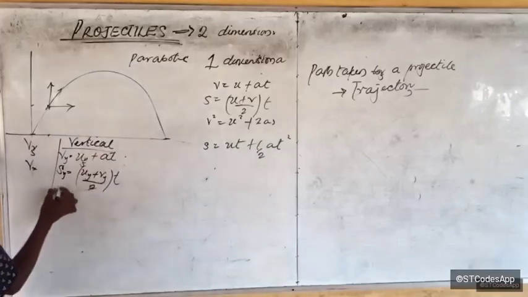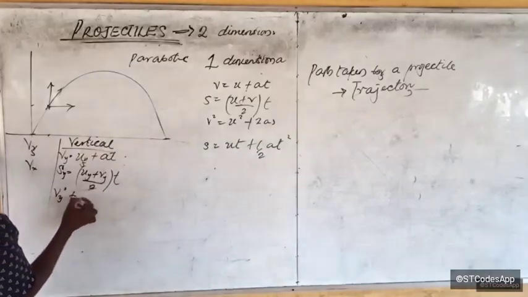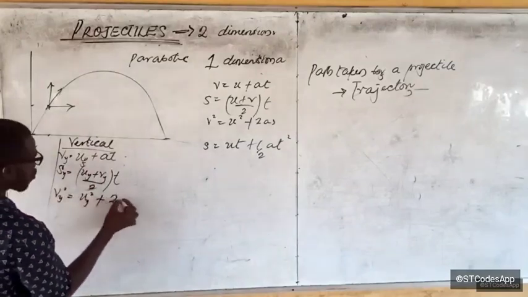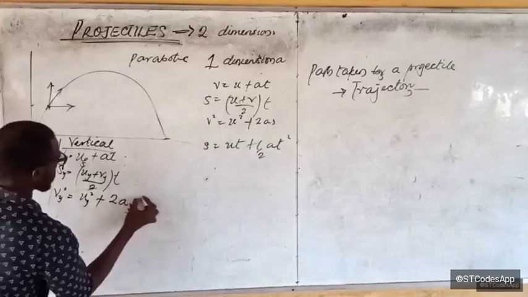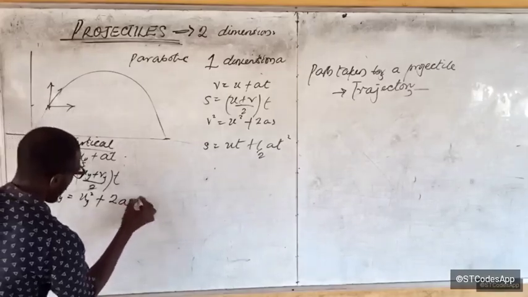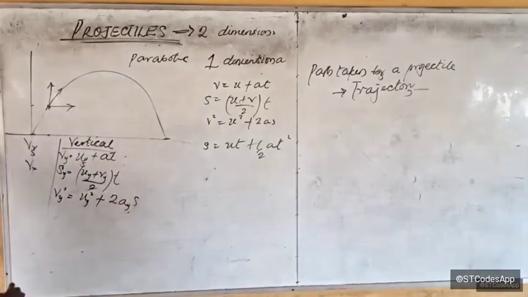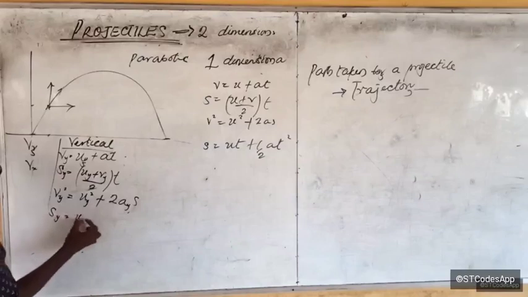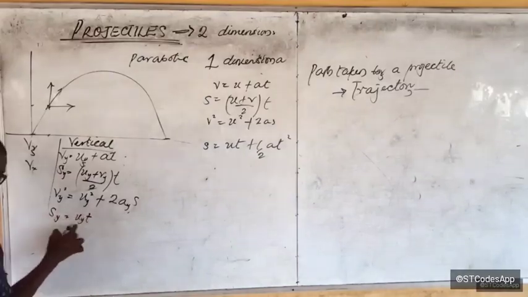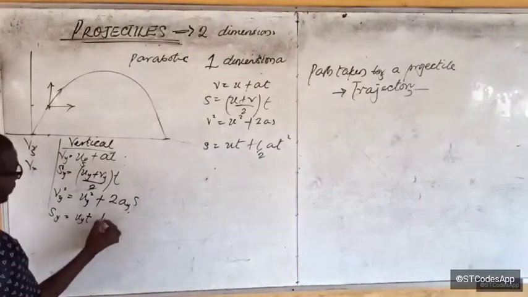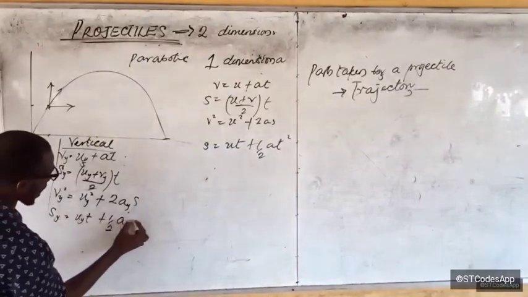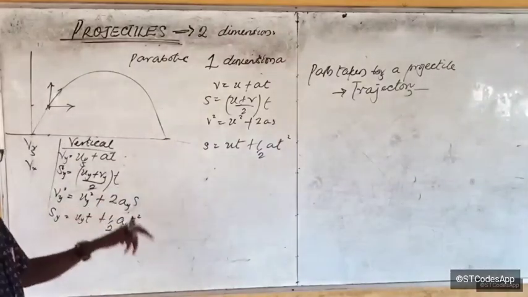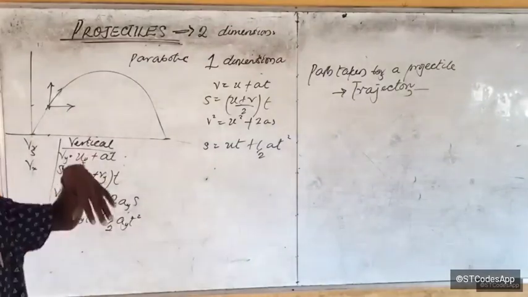Vy squared is equal to Uy squared plus 2 ay sy. So this is going to be the equation for the vertical displacement. Sy also is going to give us Uy t: sy is equal to Uy t plus 1/2 ay t squared. All right, because the time is not changing, that's why time is not in subscript. The time is not changing throughout.